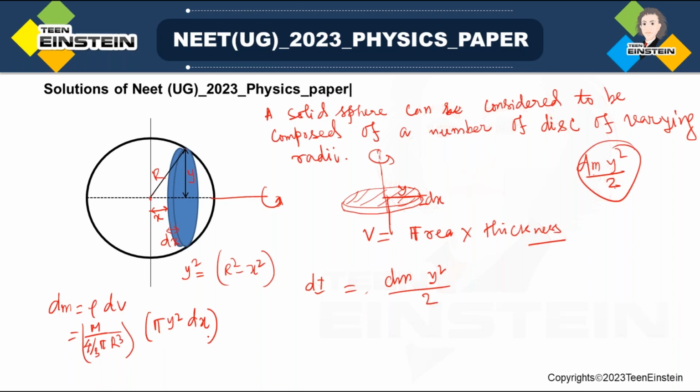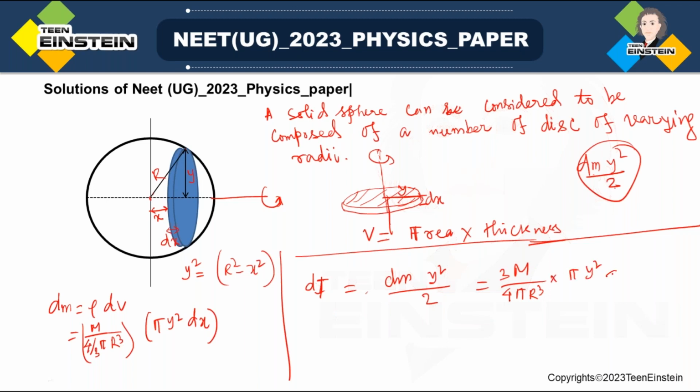We'll put the value of y later. First, let us write it here: the moment of inertia of the elementary disk is 3m by 4 pi r cube, then pi into y square dx.